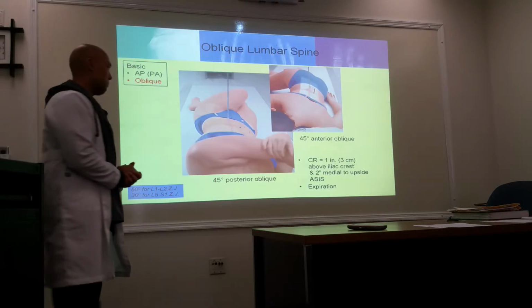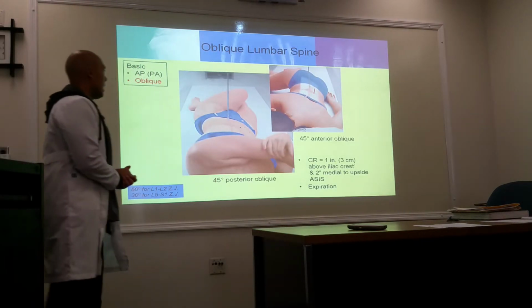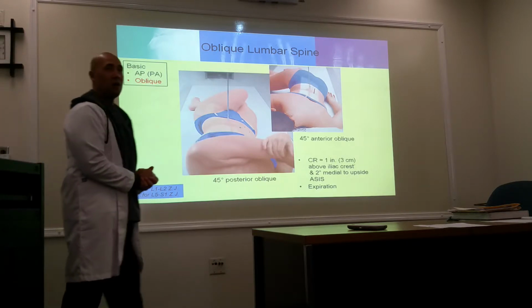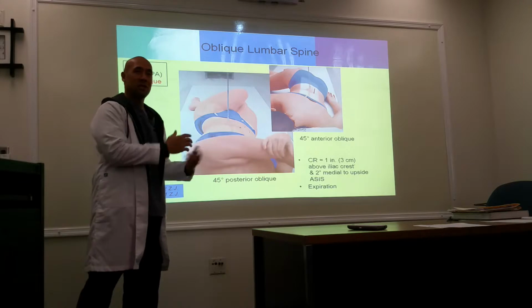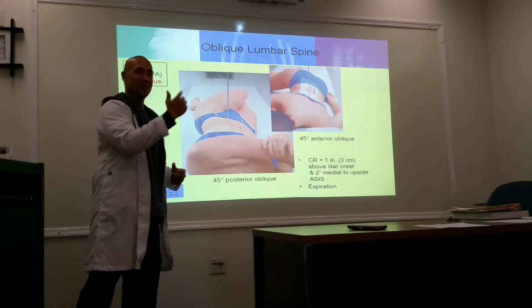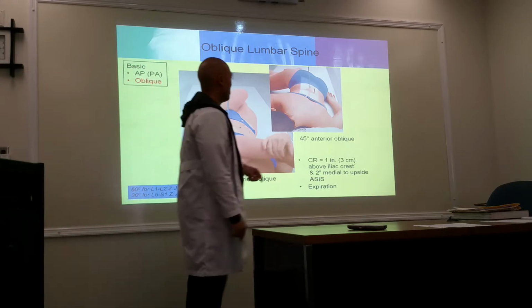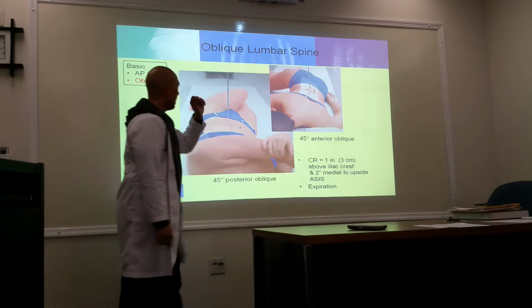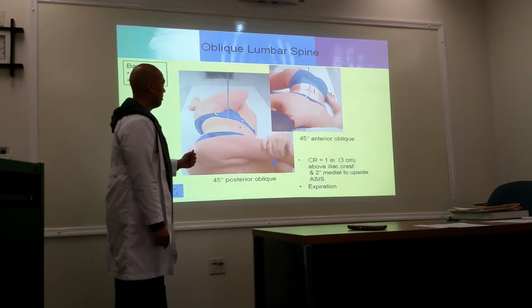All right, the oblique. The oblique is a 45-degree angulation. We are looking at the zygapophyseal joints, and the posterior oblique is the side down. You can do it in either an anterior oblique or posterior oblique.